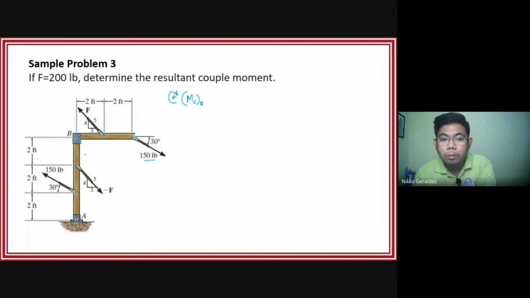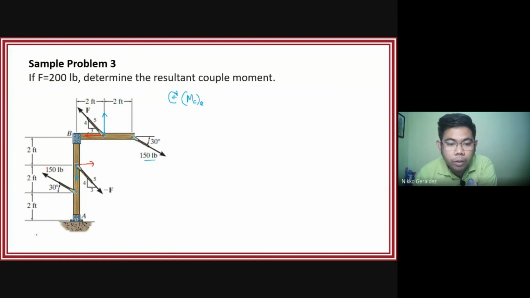I-resolve natin each forces into X and Y components. Una, sa itong F, yung Y component, upward, then itong isang F, downward. Then, X component, to the left, isa is to the right.